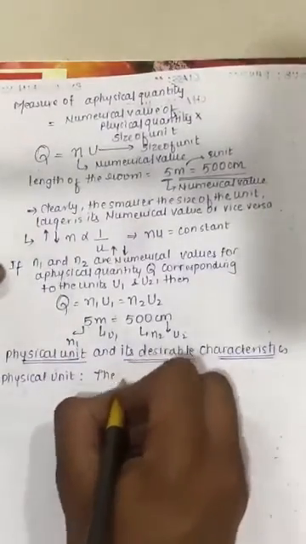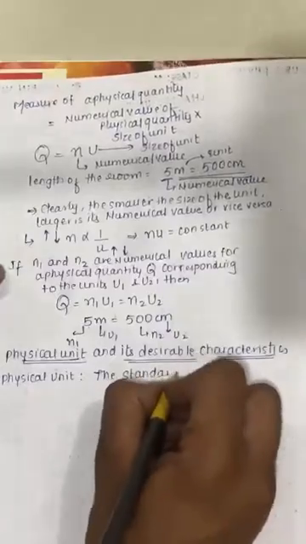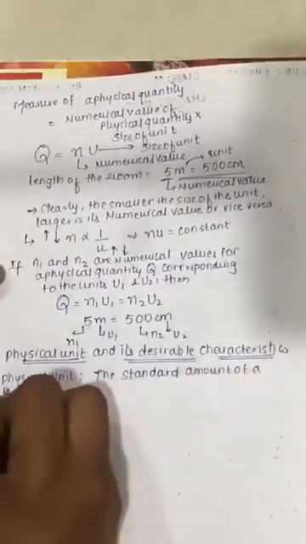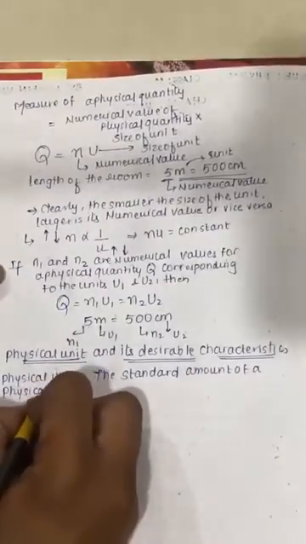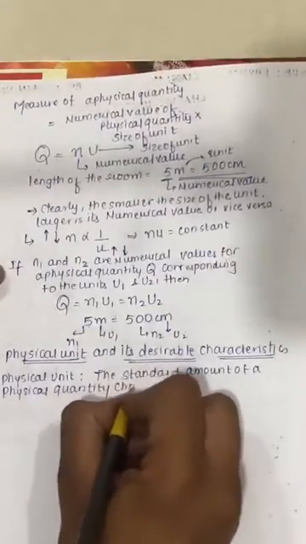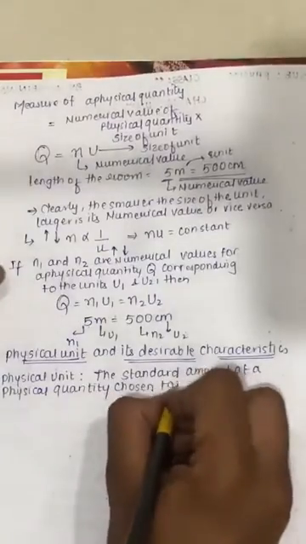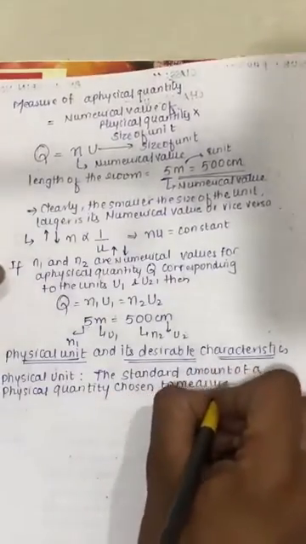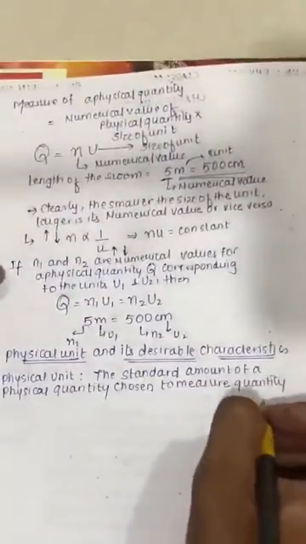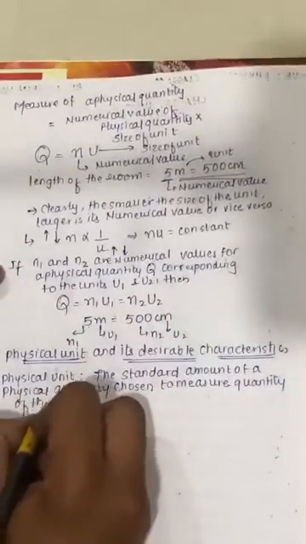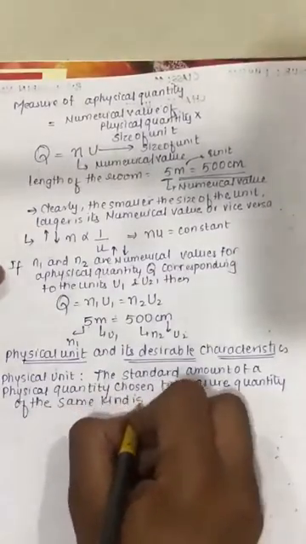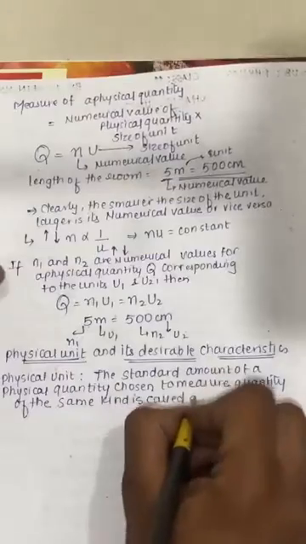The standard amount of a physical quantity chosen to measure a physical quantity of the same kind is called a physical unit.